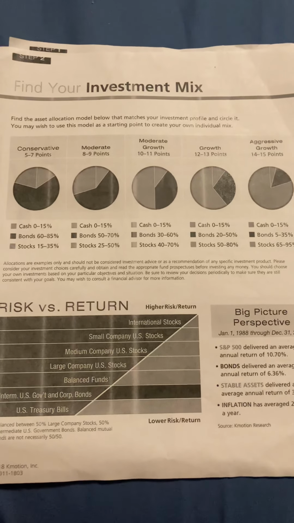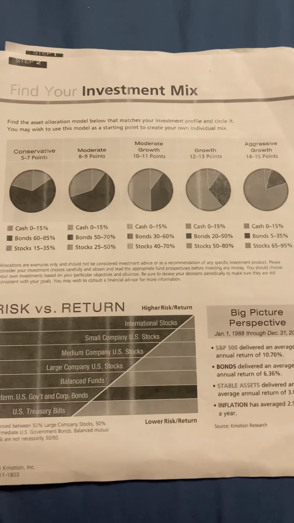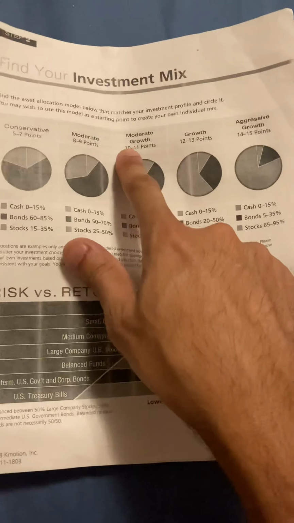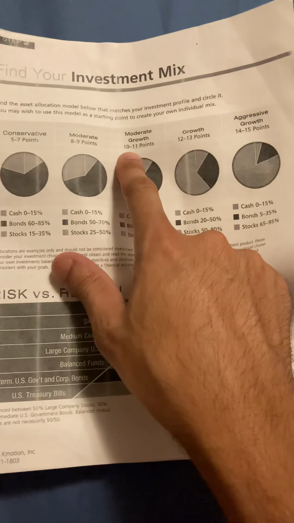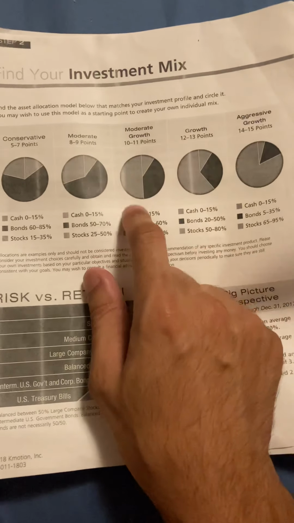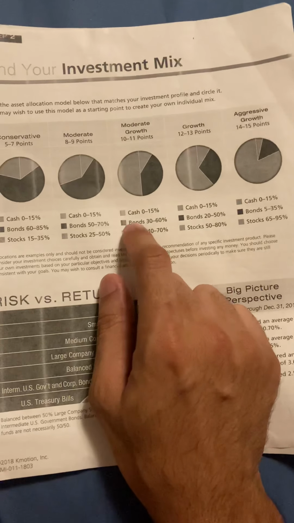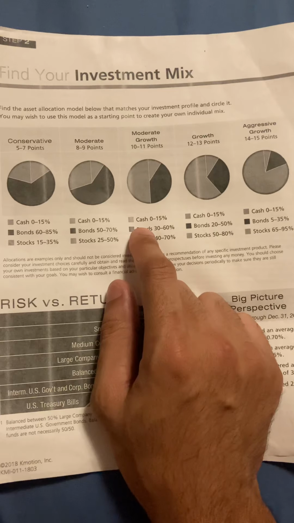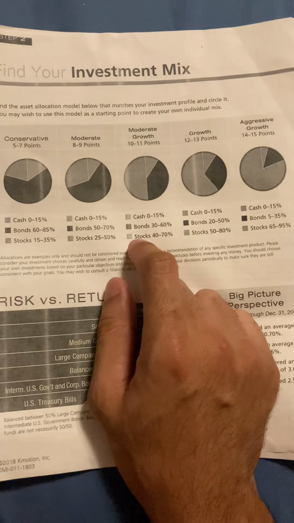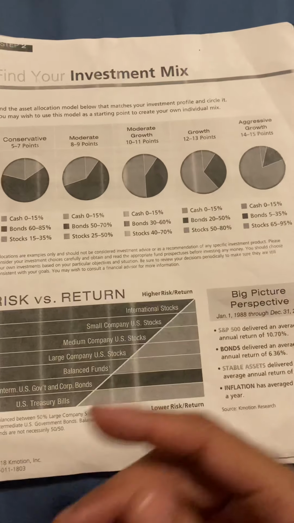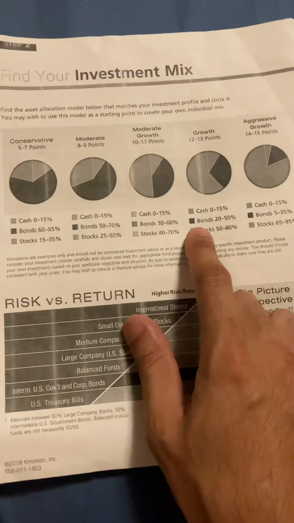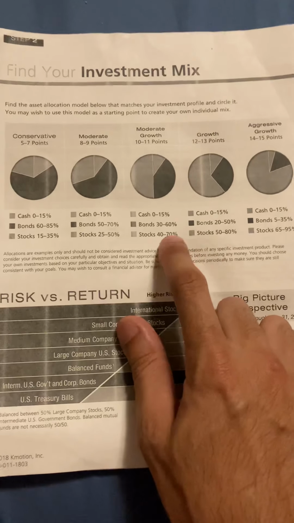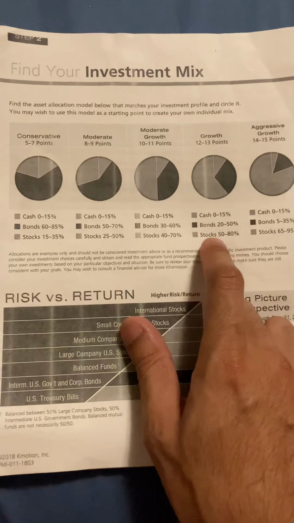So again, like I said earlier, you might have scored, let's say, a 10 to 11, but then you say, hey, wait a minute, I don't like how this looks. Maybe I want to take the quiz again and see where I actually stand. Hopefully I can get more of a growth portfolio, because I want my stocks to be more in the 80% range, for example.